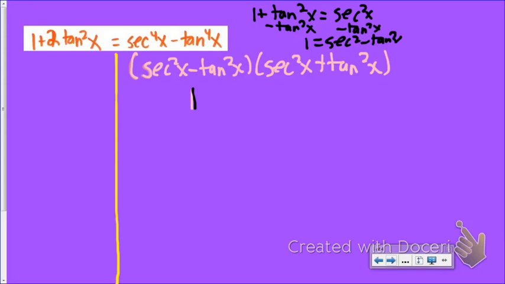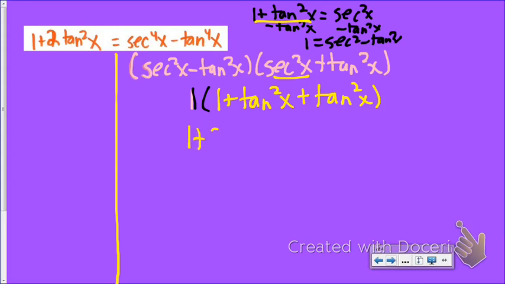And now if I look at my final answer, it only has tangent squareds in it. So I need to get rid of that secant squared. And again, looking at that identity, secant squared can be replaced with 1 plus tangent squared. And now I have some like terms I can combine. Anything times 1 doesn't change, so I'm just left with 1 plus 2 tangent squared.